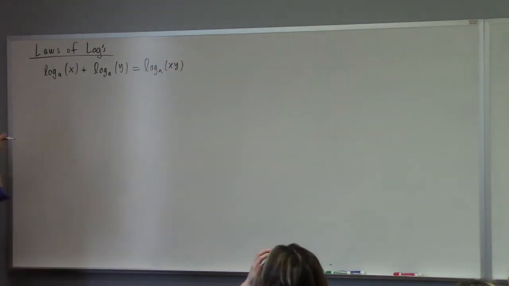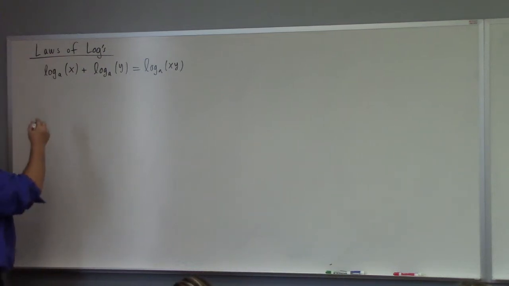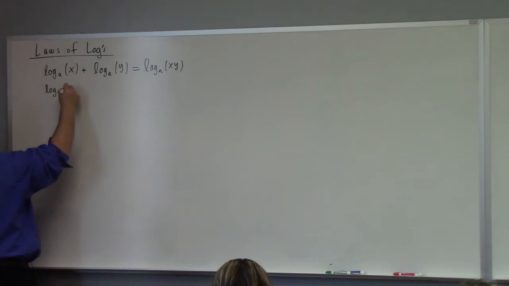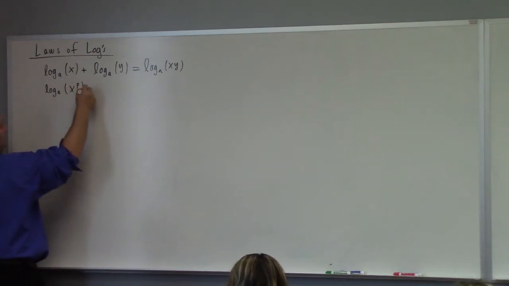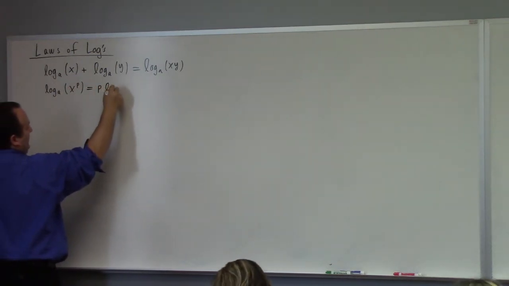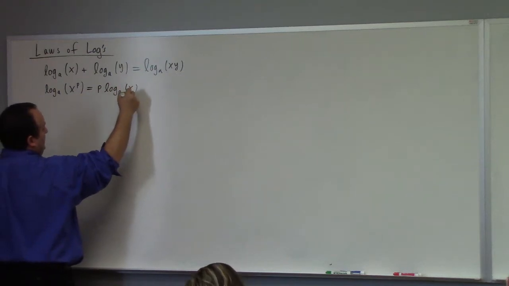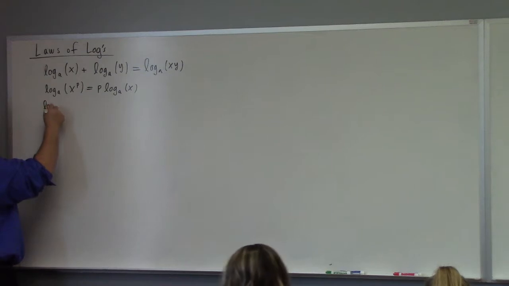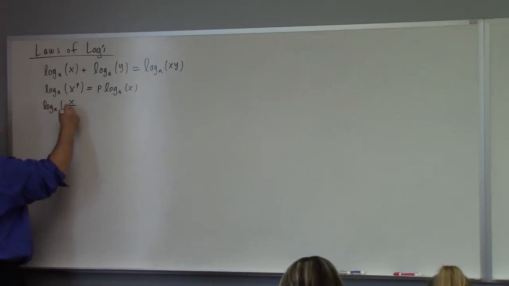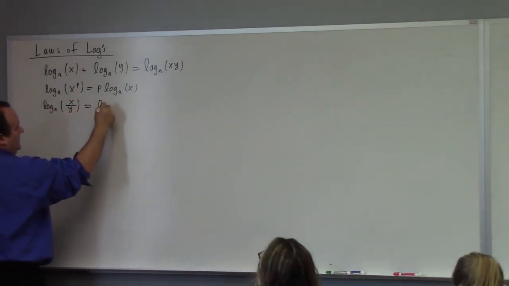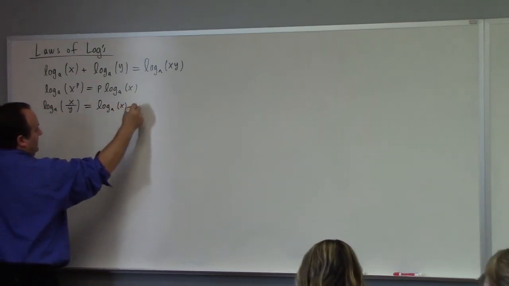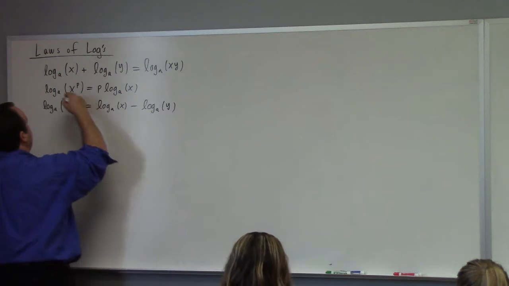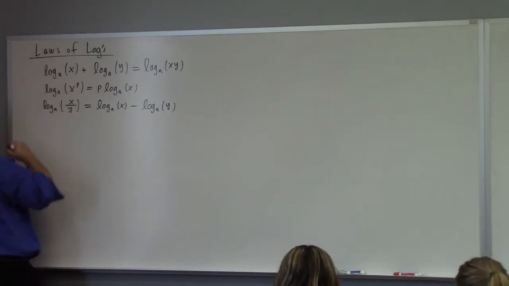And we had log base a of x to the power p equals p times log base a of x. And we also had log base a of x over y equals log base a of x minus log base a of y, right? These are the laws of logarithms.